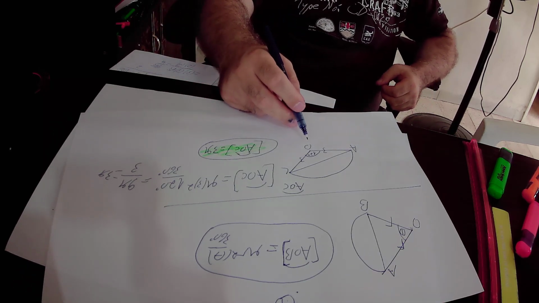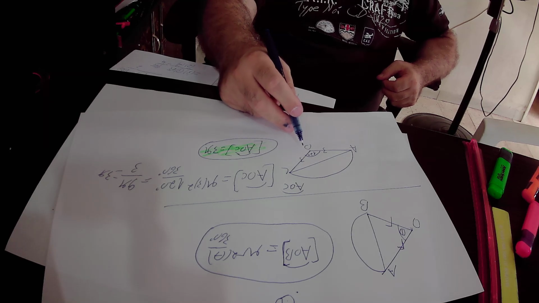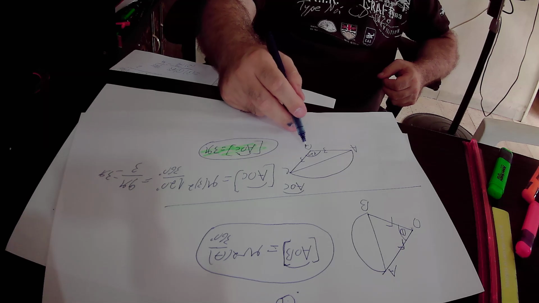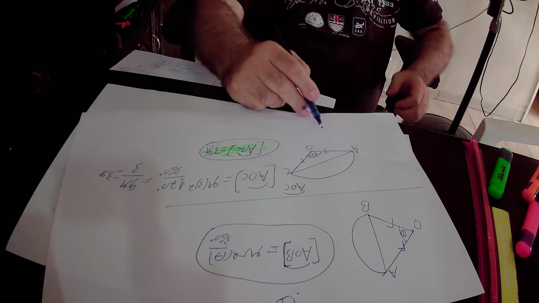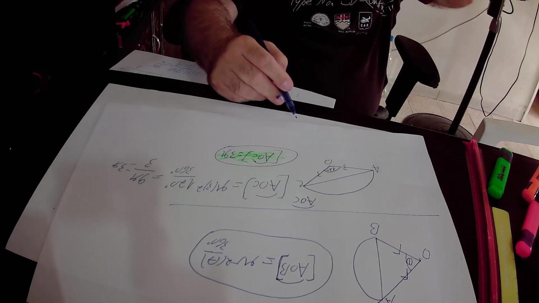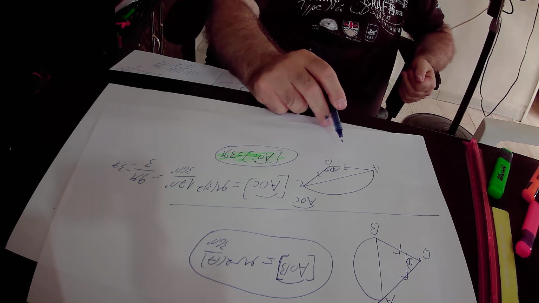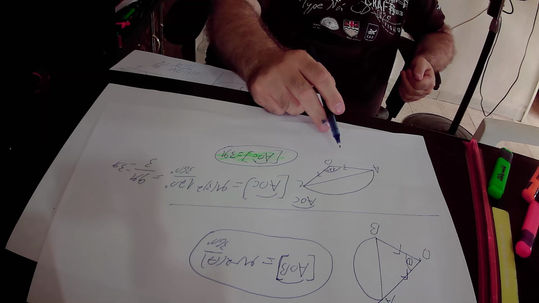The radii of the semicircle is 3, so AO equals 3, OC equals 3, and the angle between the legs of sector AOC is 120 degrees. So the area of sector AOC is pi r squared.